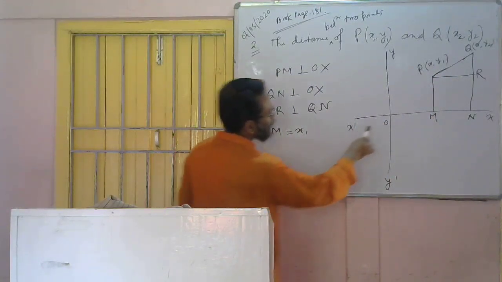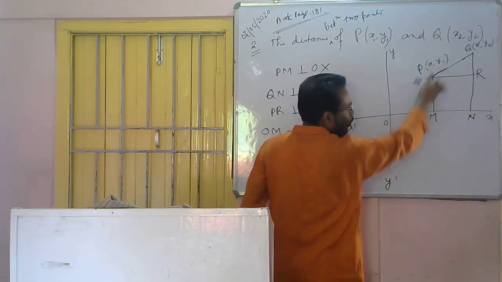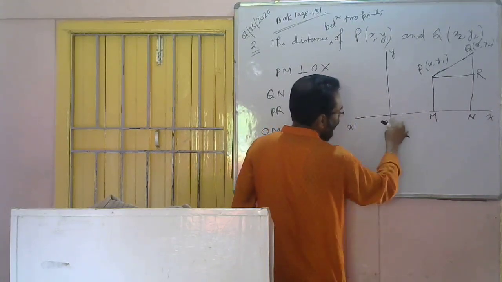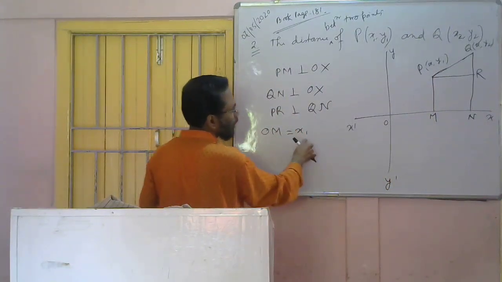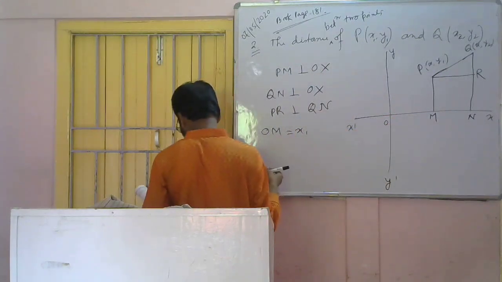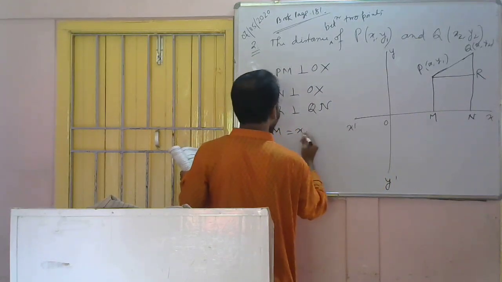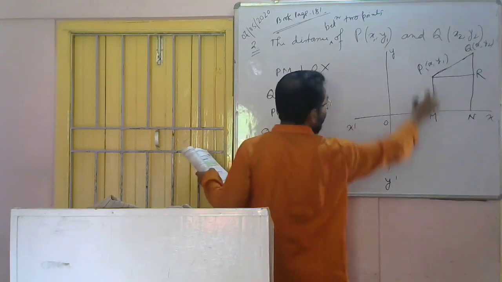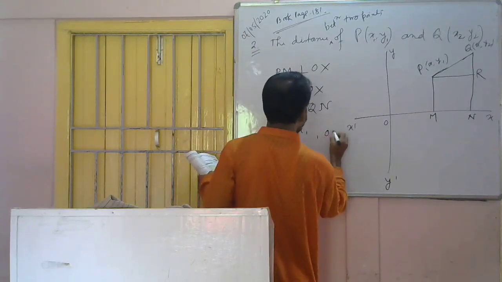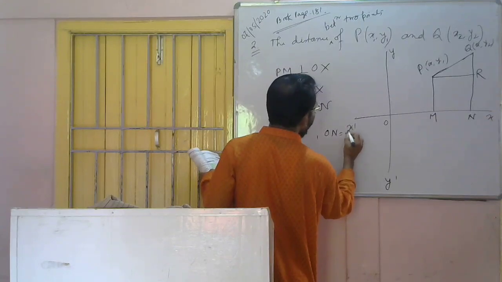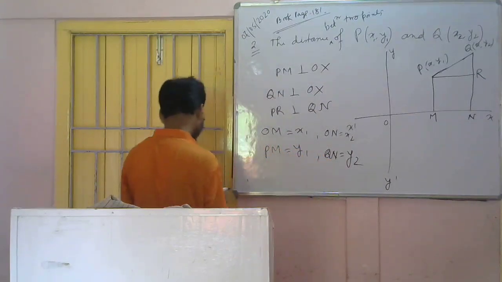The vertical distance PM is the y coordinate, that is the ordinate, and it is y1. Similarly, ON is x2 and QN is y2.